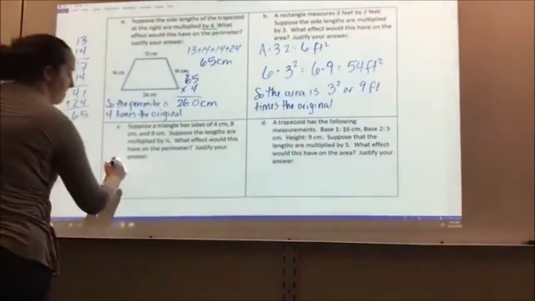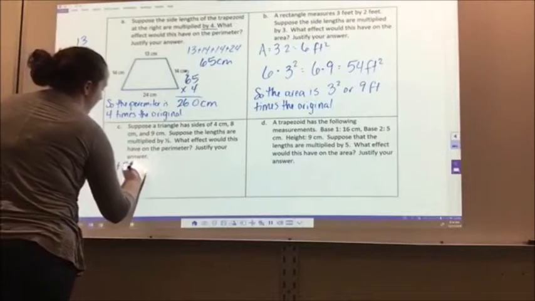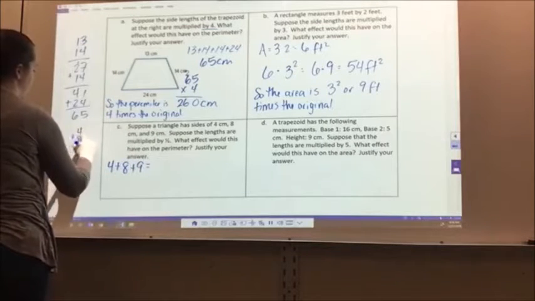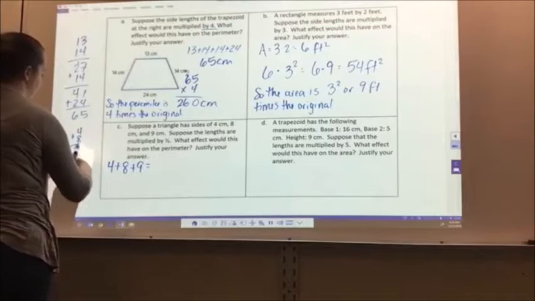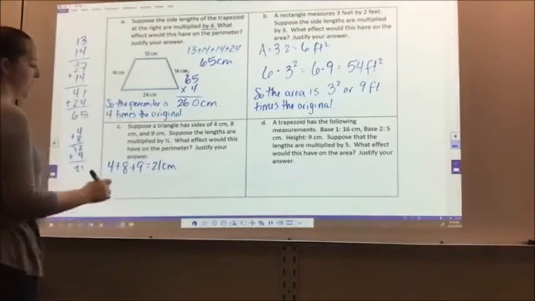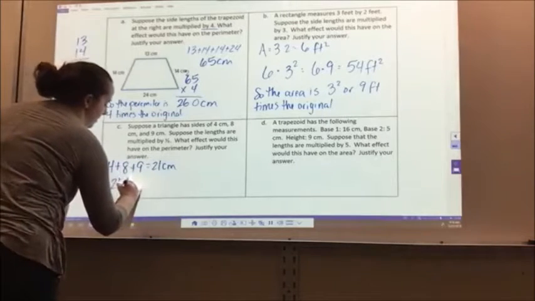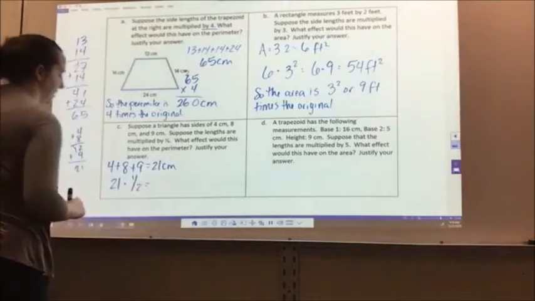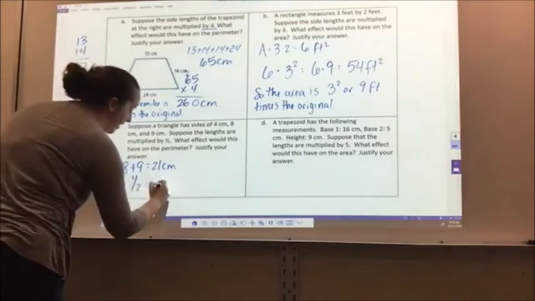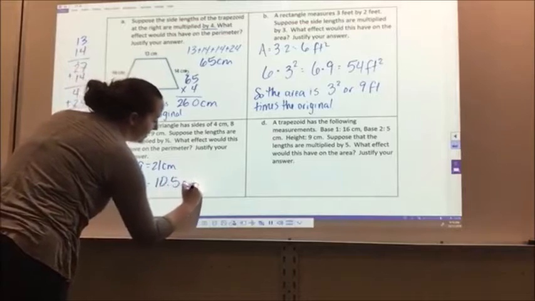So I have 4 plus 8 plus 9. Well, 4 plus 8 is 12, and then plus 9 is 21, so that's 21 centimeters, and then I'm multiplying this times 1/2, so 21 times 1/2. So half of 21 is 10.5, so 10.5 centimeters.